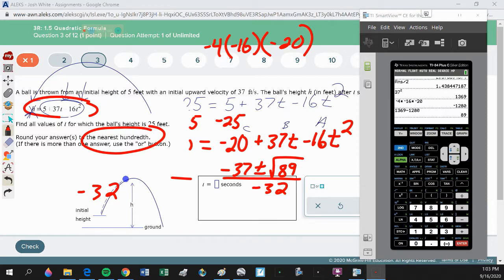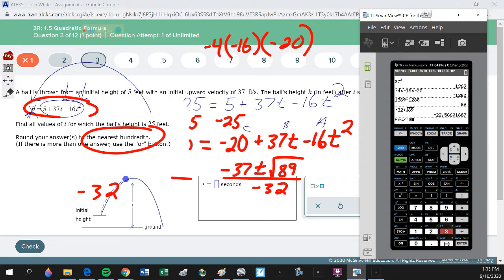So plug that in the calculator. Negative 32 plus the square root of 89. Hit enter. Divide that by negative 32. And then negative 37 minus the square root of 89. And then we divide that by negative 32.